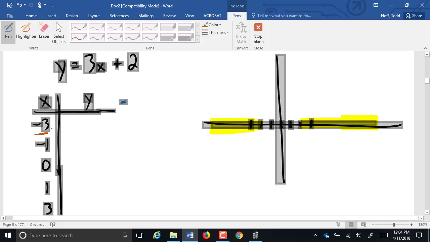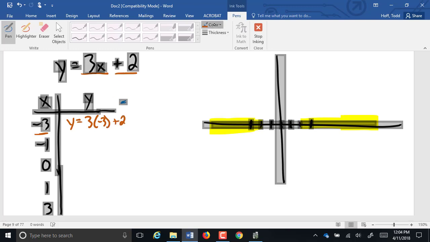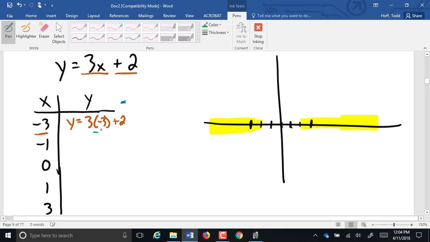So if x is -3, y is 3 times x plus 2, so 3 times -3 plus 2. 3 times -3 is -9, plus 2 is -7. That gives us the ordered pair x is -3 when y is -7, which should be somewhere in there.